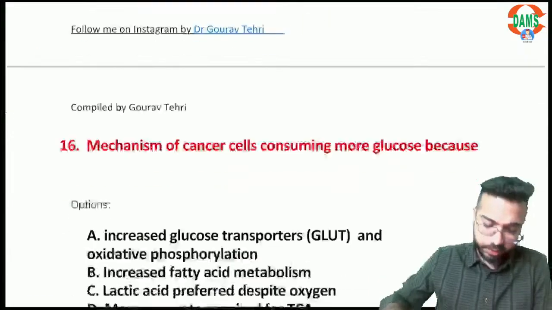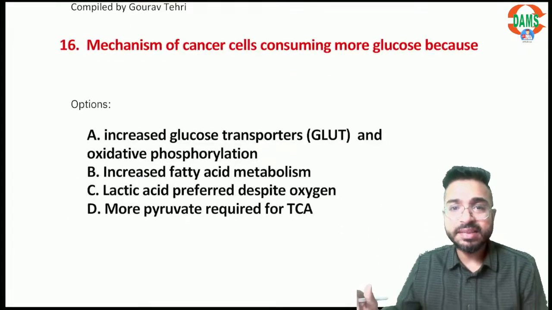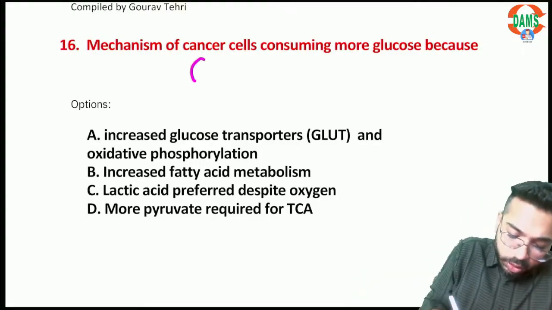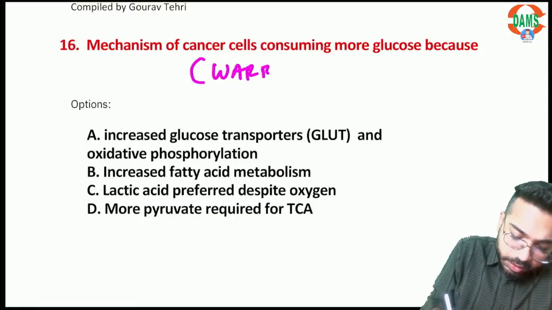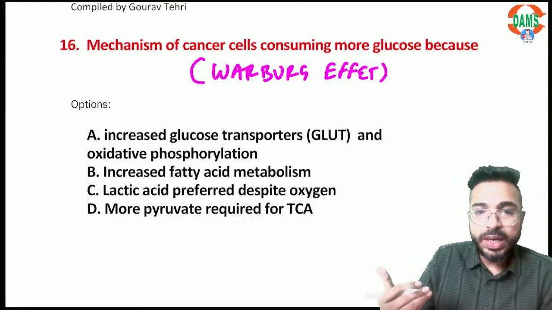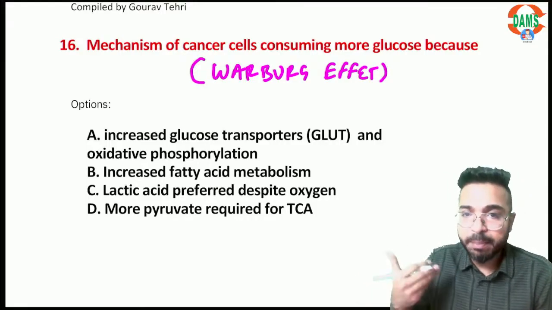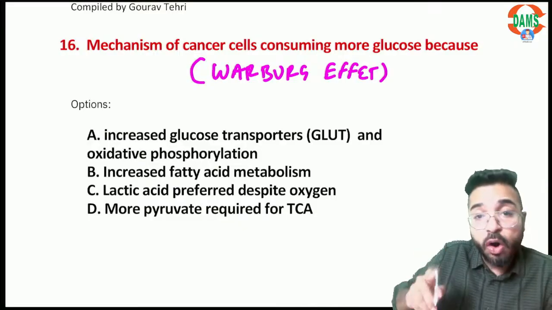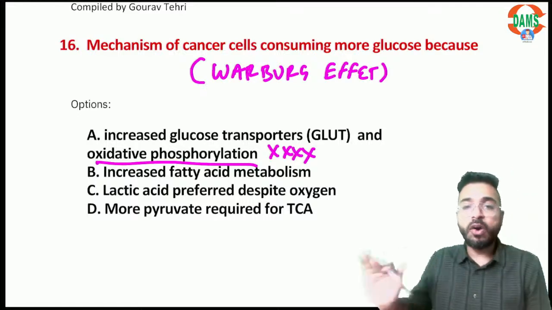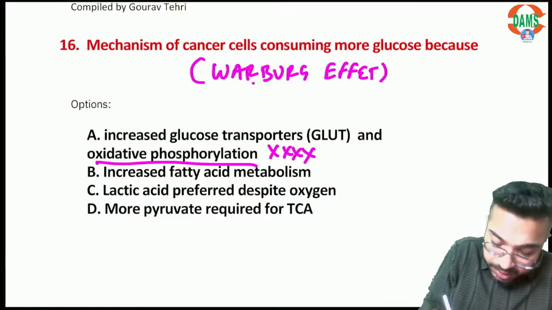Right? Next question. Mechanism of cancer cells consuming more glucose. You must study this in biochemistry also. This is the Warburg effect. And again, a tricky question. At first, increased glucose transporter would have been a better answer, but he told me there was oxidative phosphorylation also. And remember, there is no role of oxidative phosphorylation. We have studied this.